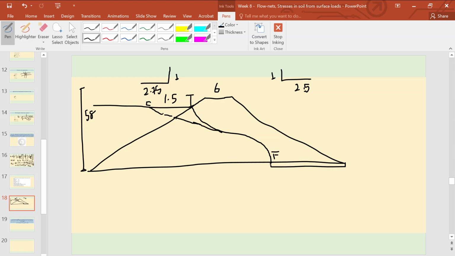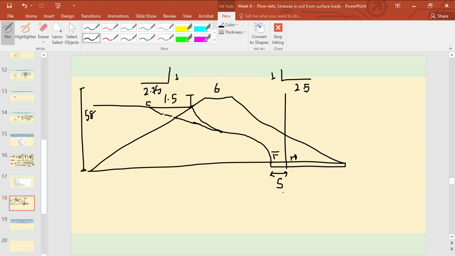The focus will always be at the starting of the drainage blanket. Now if the parabola has a focus, it will also have a directrix. This is H, and this distance from the focus to the directrix is called S.